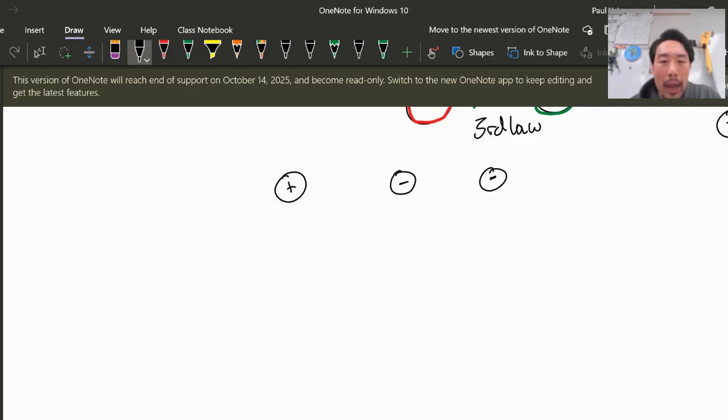And let's say the question says, what is the net force on this middle charge? In order to do this, you have to first calculate how much this middle charge feels a force from this left one. So let's just make up some numbers. Let's say this middle one feels a pull to the left with a force of, let's say, 2 newtons to the left. So I'm going to make that negative.